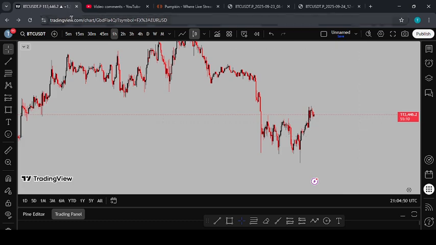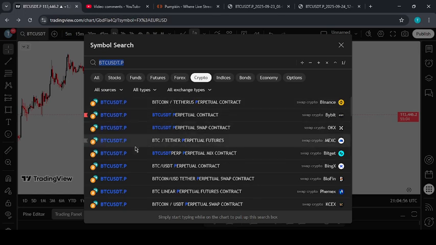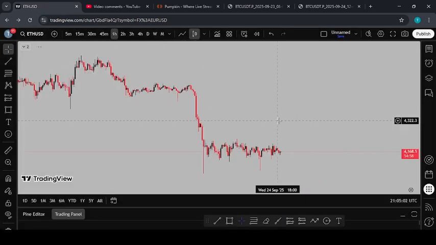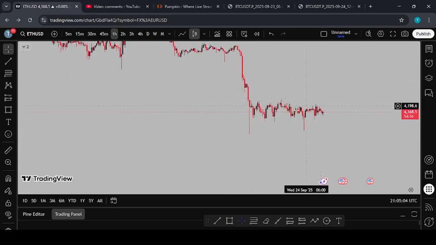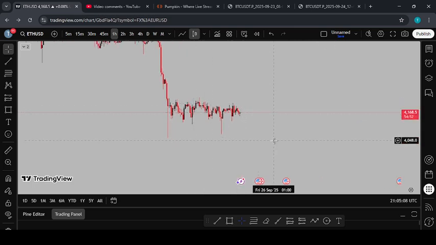If you look at ETH now, you'll be like, what has been happening on ETH? No good price action. You can see when BTC has been buying and selling, ETH is actually in a range. So that's why I just abandoned it.